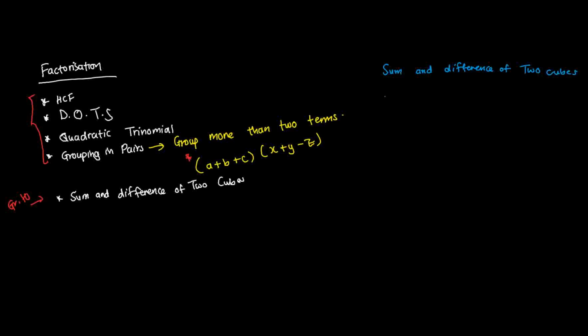Let's say I ask you to factorize a cubed plus b cubed. So I have a perfect cube added to a perfect cube, right? So I think it's quite important that we know our perfect cubes quite well, right? I have a perfect cube added to a perfect cube.